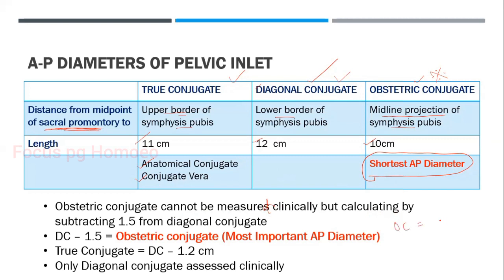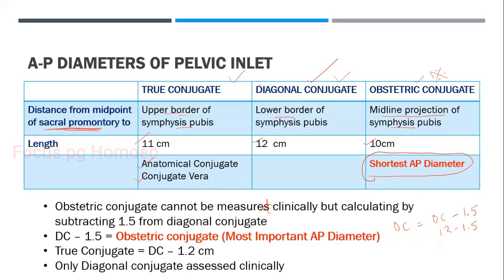OC, obstetric conjugate, is equal to diagonal conjugate minus 1.5. Here the normal is 12 centimeters. So 12 minus 1.5 comes to around 10.5. Usually 10 centimeters is the obstetric conjugate. So that is the formula to calculate the obstetric conjugate.